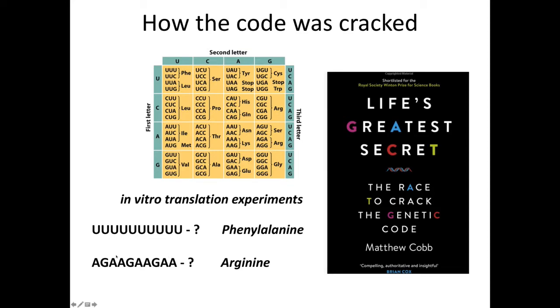And so you can also put in maybe a repeating sequence of AGA, AGA, AGA, and you can look on here, and it's right there. It encodes for arginine. So it was a lot of trial and error of putting different chains of nucleic acids into these tubes and figuring out what came out.